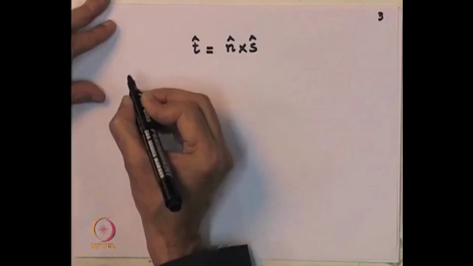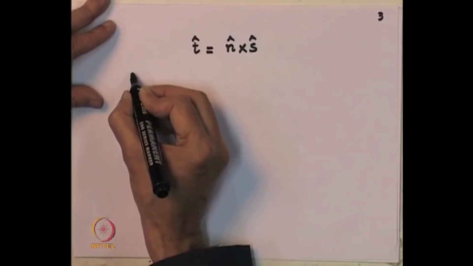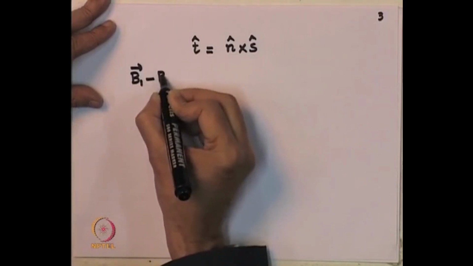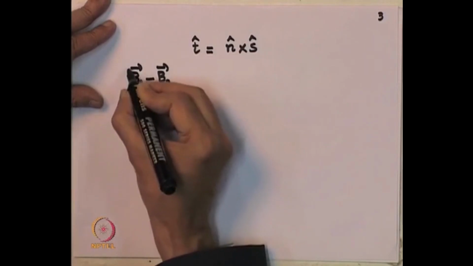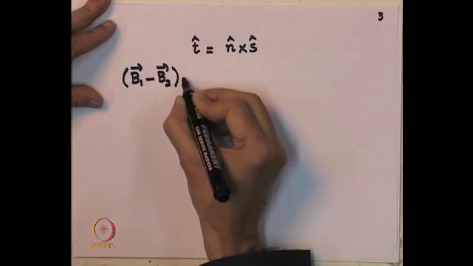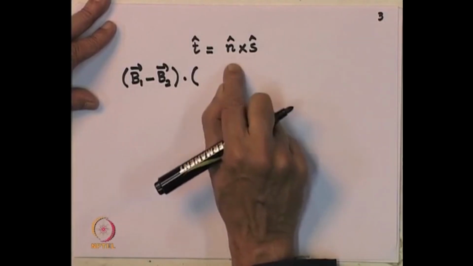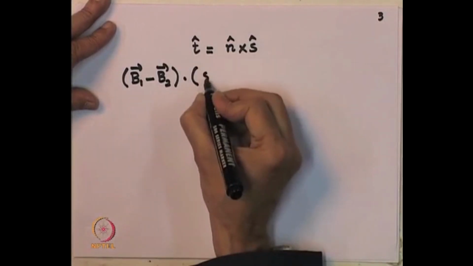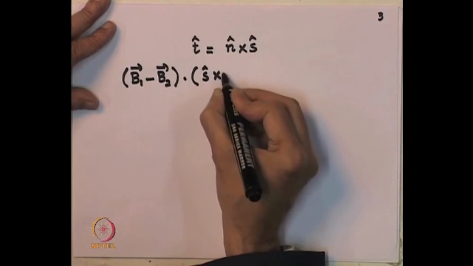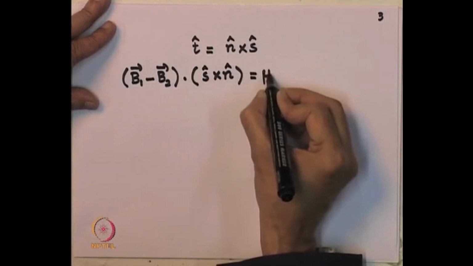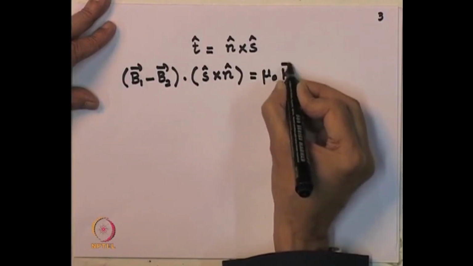As a result, if I look at the left hand side, I get B 1 minus B 2 dotted with minus t, and minus t is nothing but S cross N. And this is equal to mu 0 K dot S.